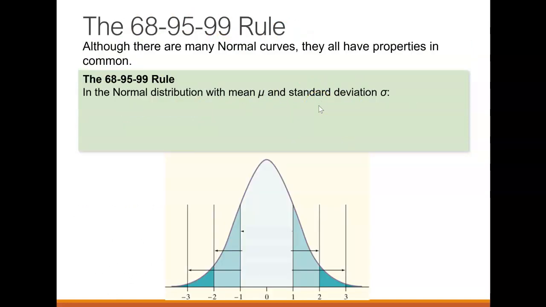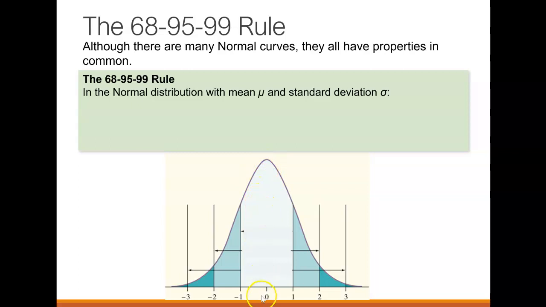All right. So this is something that you should have memorized. This is the 68, 95, 99 rule. What this says is between one standard deviation away from the mean, so here's a normal curve, we're going to say 0 is the mean. If I go one standard deviation to the right, and then one standard deviation to the left, the area under that curve is 68%.